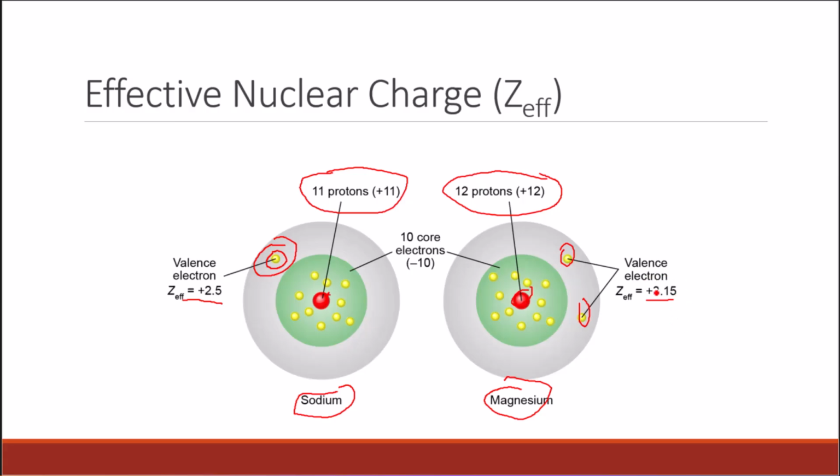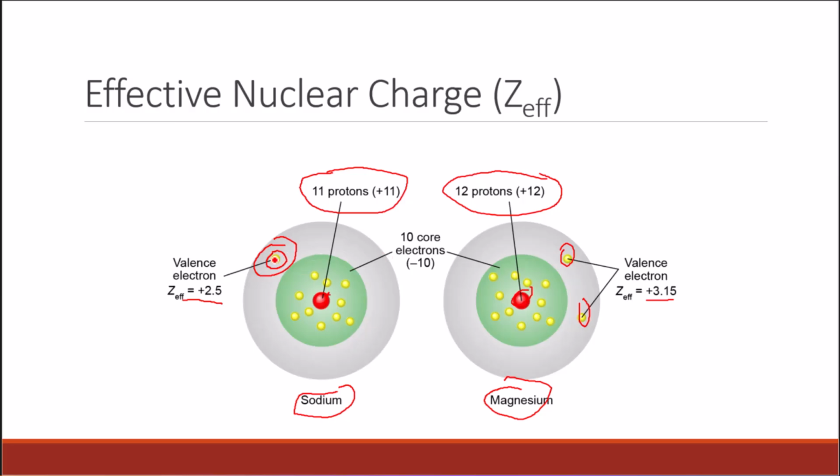So there is greater attraction, not greater shielding, greater attraction by the 12 protons, which means that these electrons are a little harder to peel away from the nucleus than, let's say, sodium.